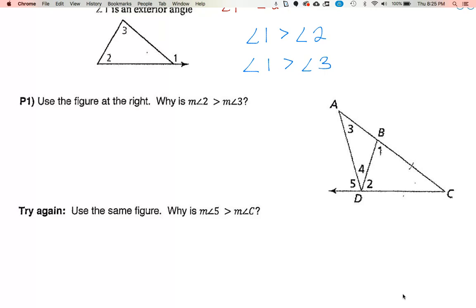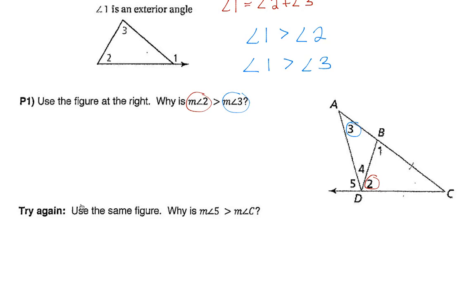All right, use the figure at the right. Why is the measure of angle 2 greater than the measure of angle 3? We have something missing here. It's not showing up on the copy.